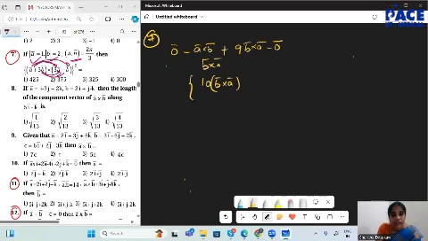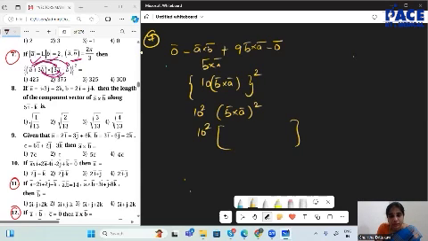Now the question is regarding a whole square of this, which means 10 square into (b cross a) whole square. How do I get b cross a? Think about it and tell me. It is nothing but mod b, mod a, and the sine of the angle between them, which is 2 pi by 3.